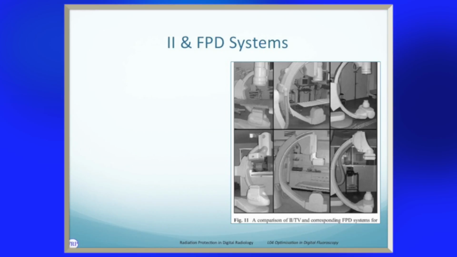So the configuration, the main part that's different, is the flat panel detector itself, and not the rest of the system, as far as how it emits radiation and all of that.